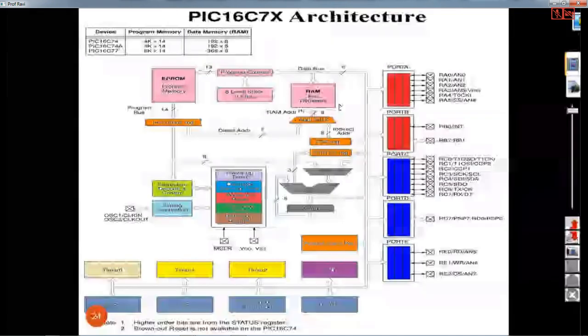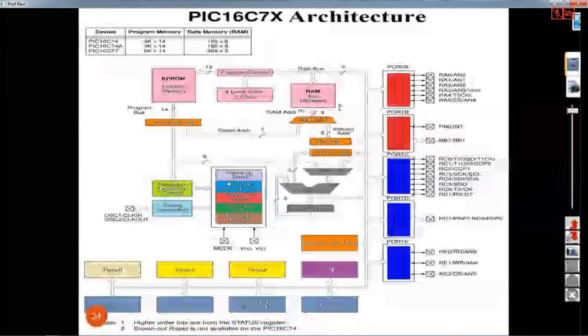Now this is your ALU, which is an 8-bit ALU. That's why we are calling it an 8-bit microcontroller. Just now I have shown you that in the automotive industry, about 50 applications use 8-bit microcontrollers, based on the ALU being 8-bit.